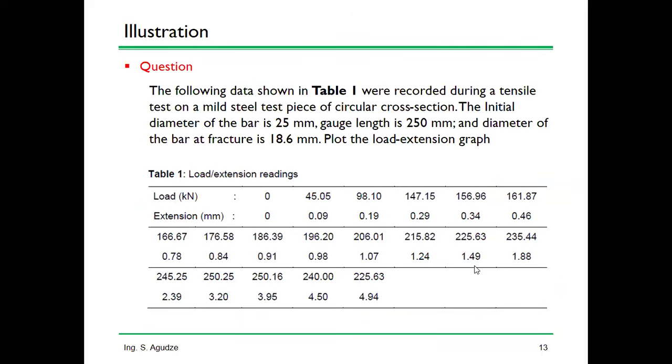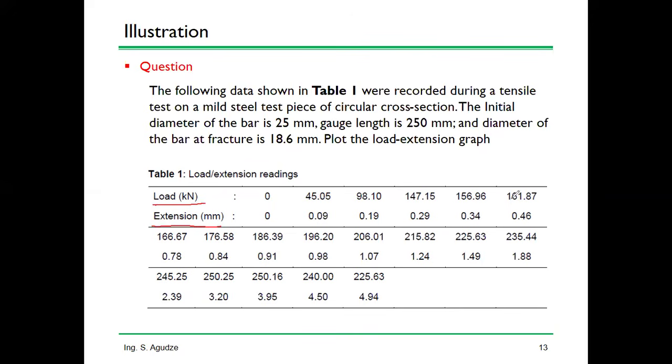So I am using this load extension readings as an illustration to demonstrate how this graph can be plotted. All right, so these values have been given, okay? So the first row is load in kilonewton, and the second row is extension. So you start with 0, 45.05, mark 2.